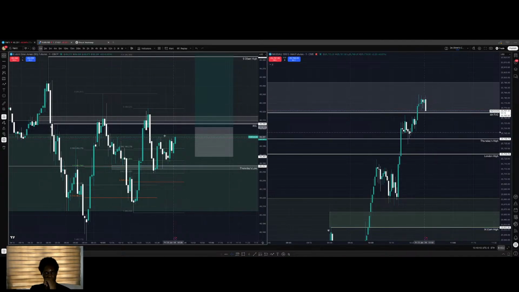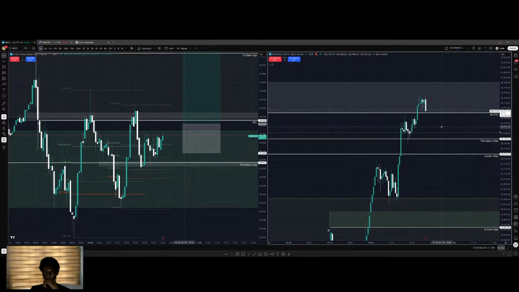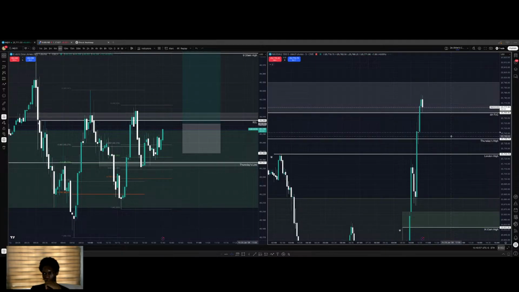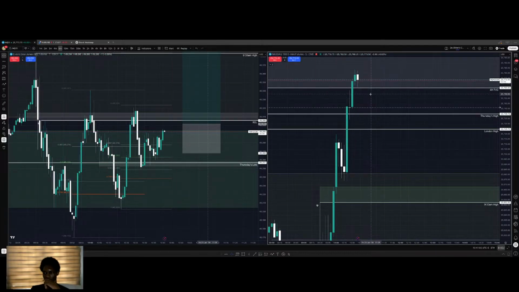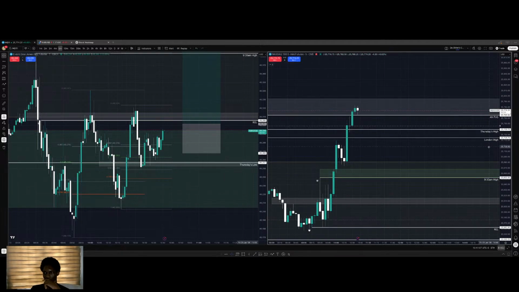So right now it's looking like we might have a reversal on NQ. If they should close here, then could be taking this sell for this low.